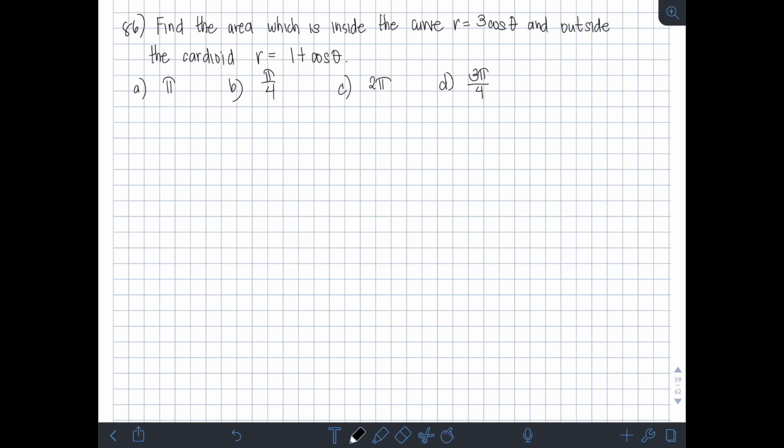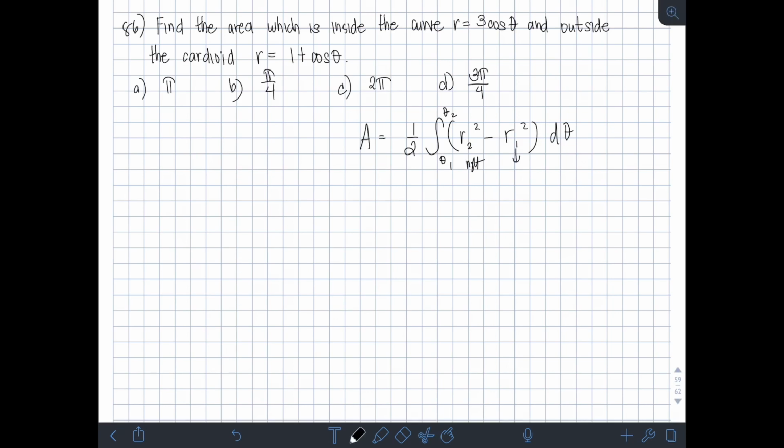So, ang formula natin dito is area is equal to 1 half integral of r sub 2 square minus r sub 1 square d theta from theta 1 to theta 2. So, itong r sub 2, parang siya yung equation nung polar curve na to the rightmost. So, parang r right.